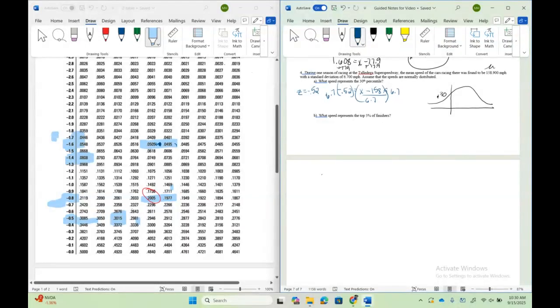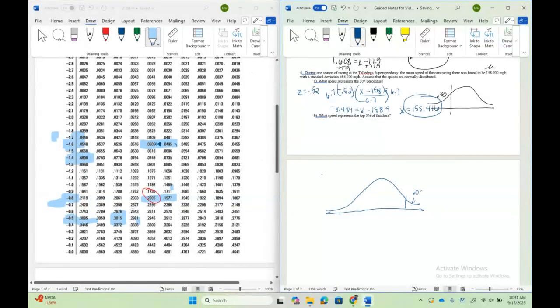So this is negative 3.484 equals x minus 158.9. We're going to add that 158.9 to both sides, so my final answer will be 155.416. And then for this last question, we want to find the top 5% of finishers.